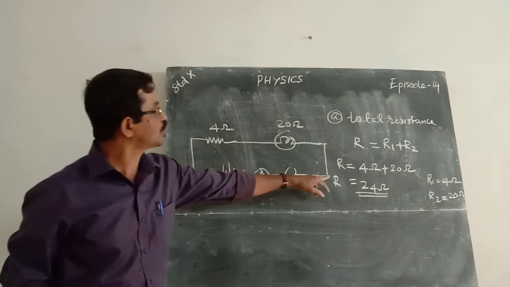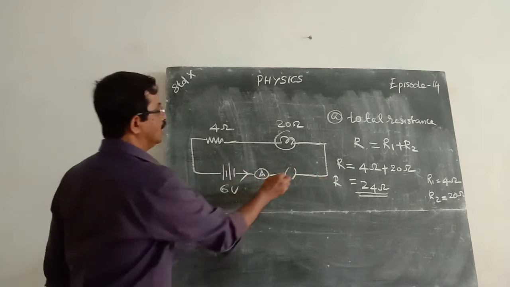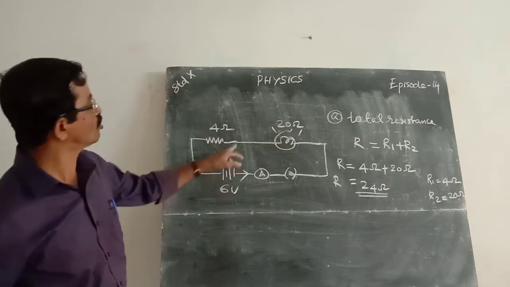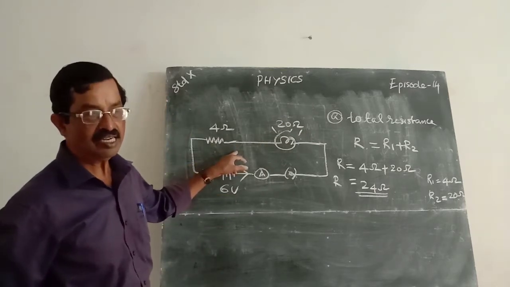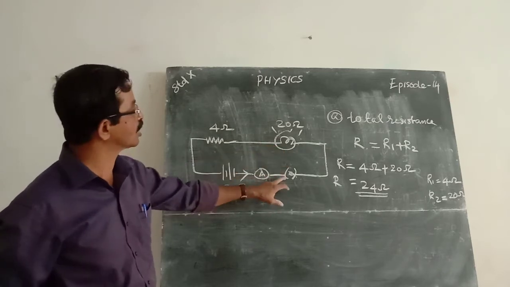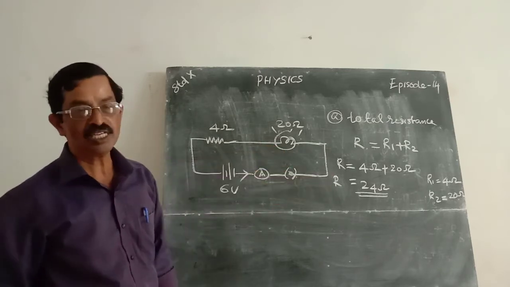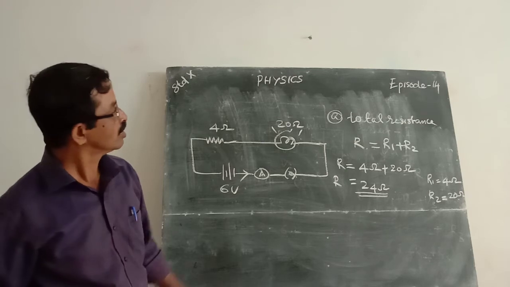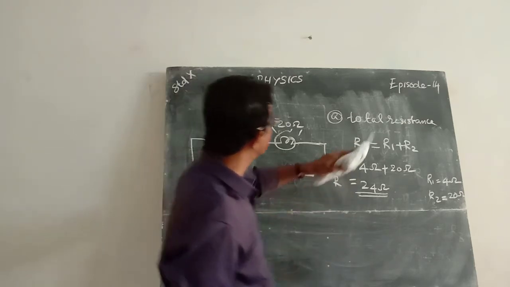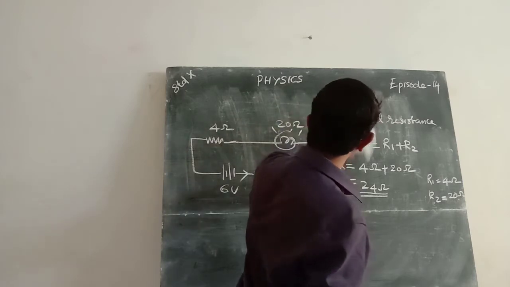When the switch is on, the bulb will glow. At the same time, total resistance to the current in the circuit is given by 24 ohm. This is the answer for the first question.